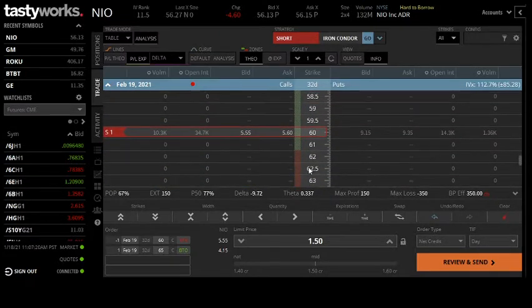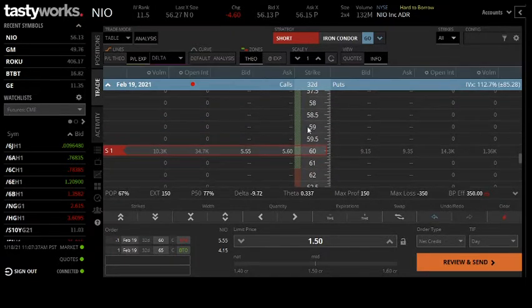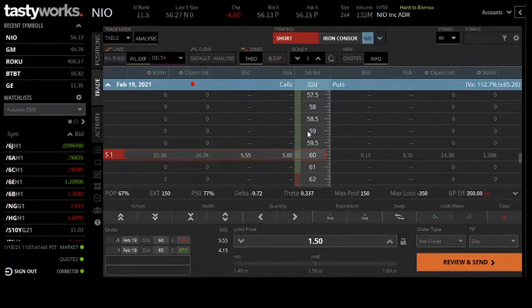So now what we're saying is by expiration, by February 19th, we think Neo's going to stay under or break even, essentially, 61.50. 60 plus 1.50, 61.50. Not really important because I don't usually let anything hold till break even until expiration.